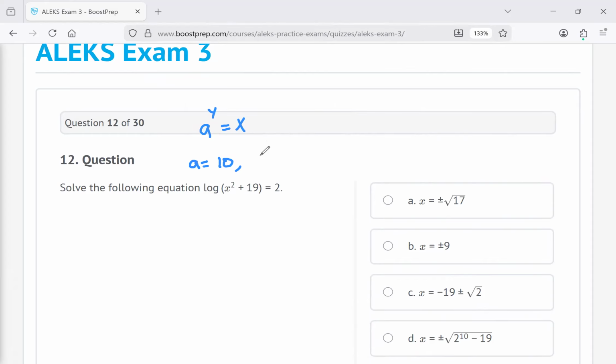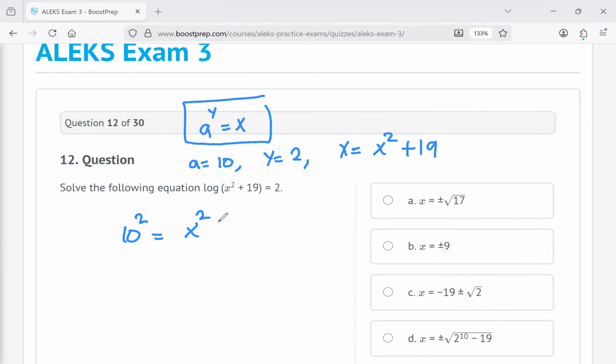And then my y is always on the left or right side of the equal sign, so my y is 2. And then my x is usually inside the parentheses, so it's x squared plus 19. Okay, so once you have that, a is 10, y is 2, and x is x squared plus 19. Put that in the formula and you're fine. 10 squared is 100 equals x squared plus 19.